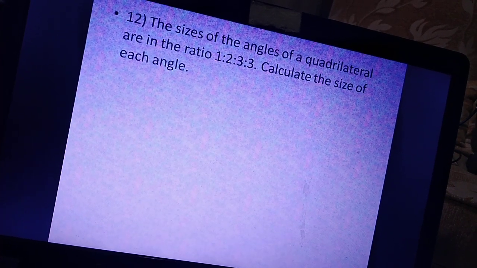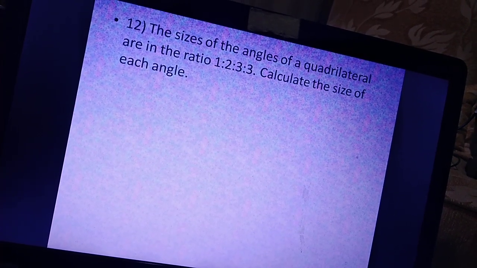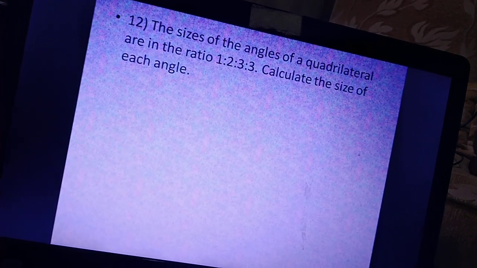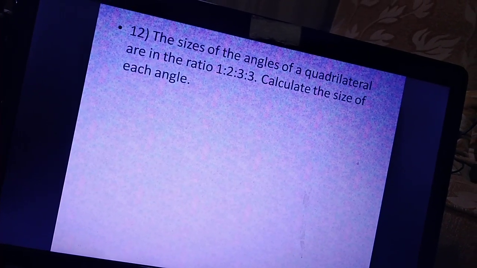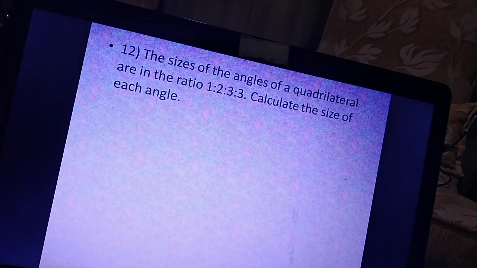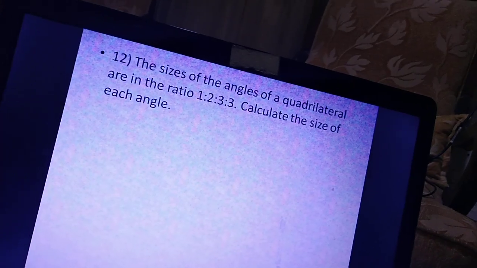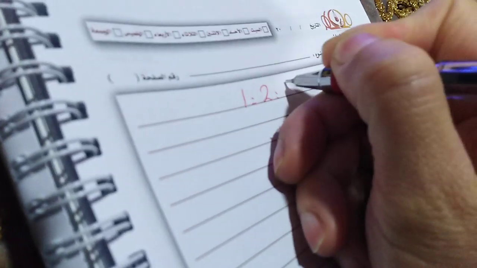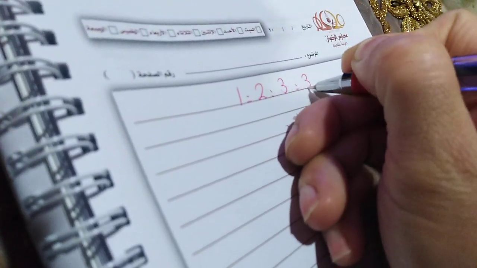So I must use this 360 degrees in order to calculate the size of each angle alone. Now to do this, I need a paper to work on. First of all, let's write the ratio down: 1 to 2 to 3 to 3.